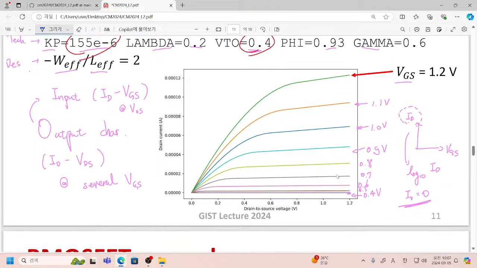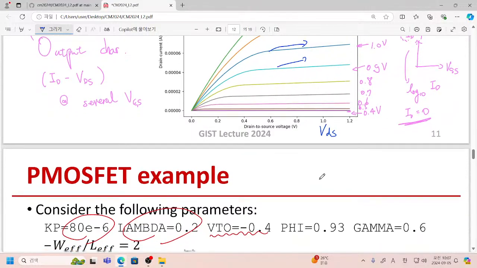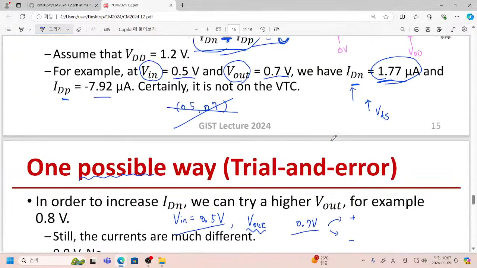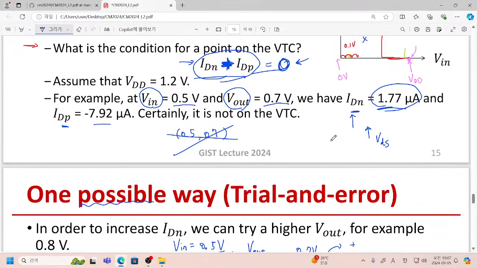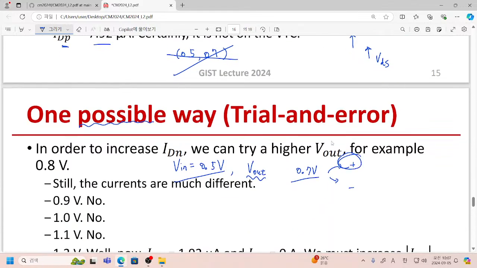In this case, if you increase your VDS value, you always have increasing drain current, at least it does not decrease. So inspired from this observation, since now our NMOSFET is weaker, we have to make it stronger. So simply we can say that we will go to the positive way.